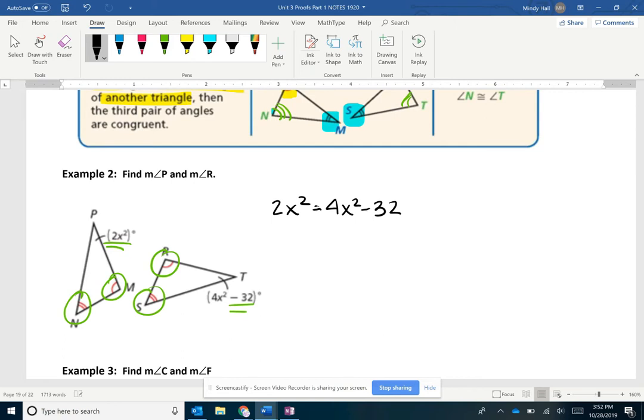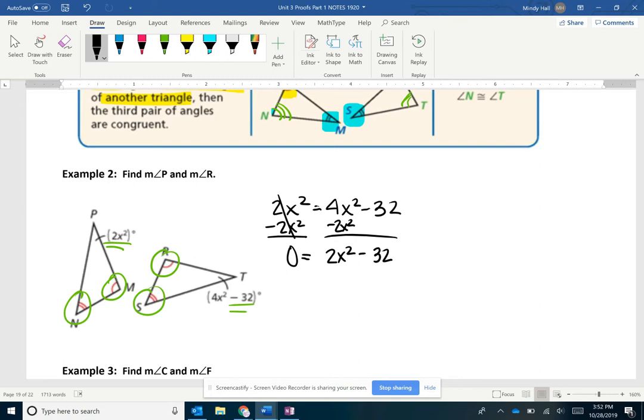To begin with, we want to get our x squareds together, so we'll bring the 2x squared over because then we can factor. That gives us 0 equals 4x squared minus 2x squared, which is 2x squared, minus 32.